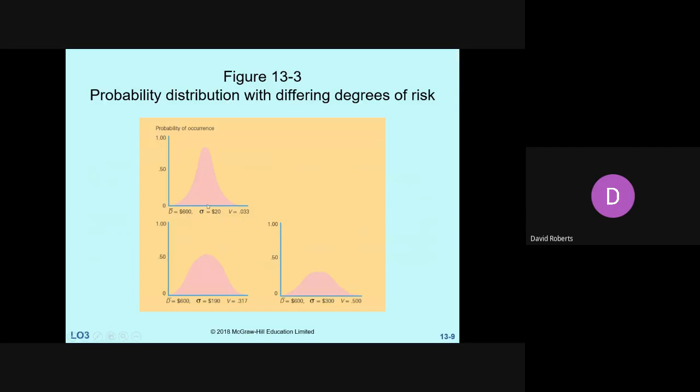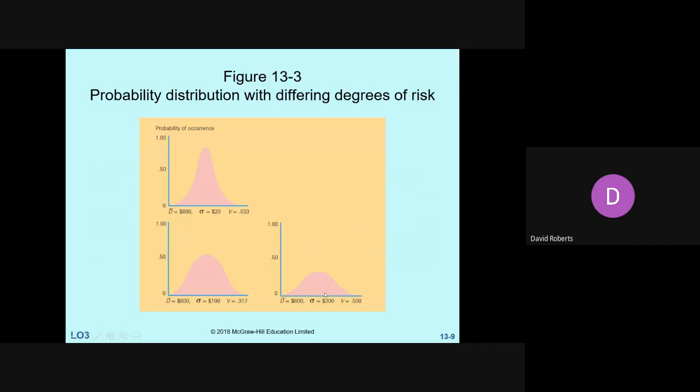In the top left-hand corner, you have a much narrower distribution. The bottom left-hand corner is flatter or wider, and the V goes, in this particular case, to 0.317, and the first one is 0.033. So the 0.033 is the risk-return trade-off.